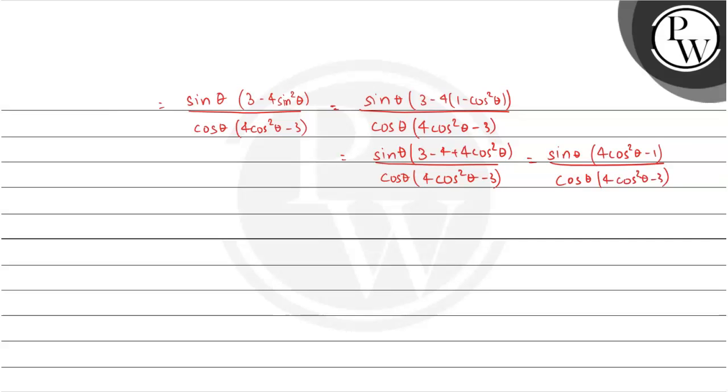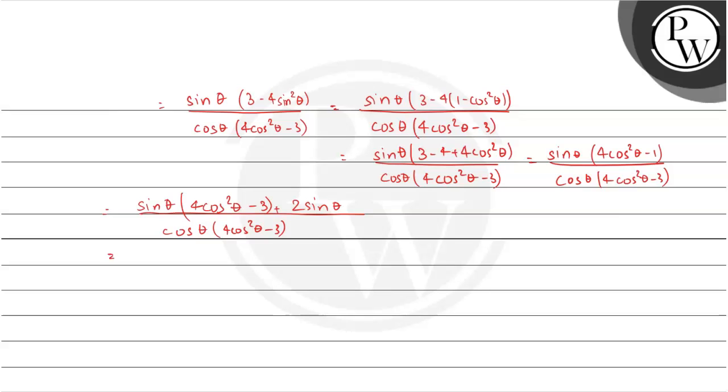Now, so as to make one term the same in both denominator and numerator, I'll split this numerator. This fraction would become sin theta, which would remain as it is, and I'll write in the bracket 4 cos square theta minus 3 plus 2 sin theta, of course, and this would all be divided by cos theta times 4 cos square theta minus 3.